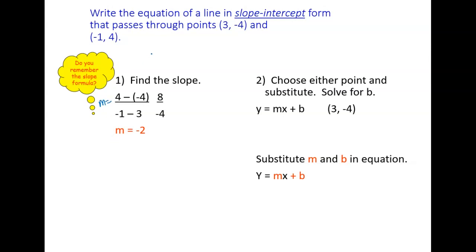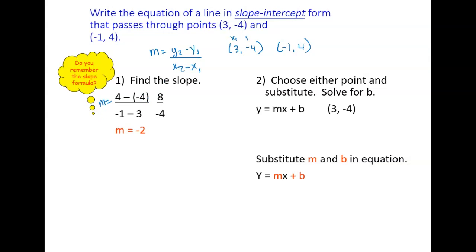So we know that to find our slope, it's y2 minus y1 over x2 minus x1. So my points that I was given are 3 and -4 and -1 and 4. I've already done the math down here, but I shouldn't have done that. I should have just left it blank. But let's look up here.